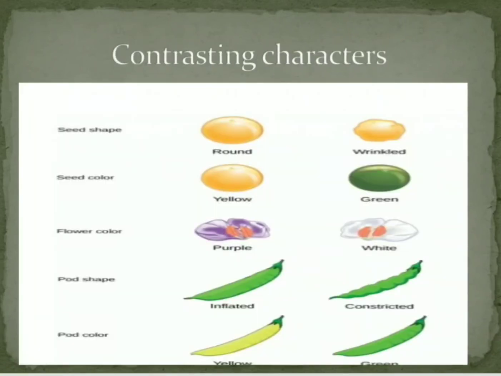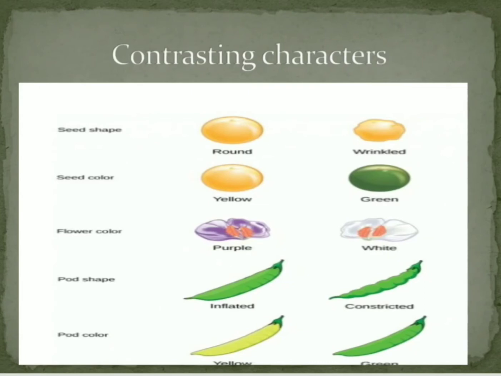The first one is seed shape: round is dominant over the recessive wrinkled. Seed color: yellow is dominant over the recessive green. Flower color: purple is dominant over the recessive white. Pod shape: inflated is dominant over the recessive constricted.